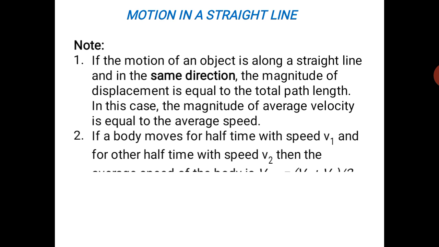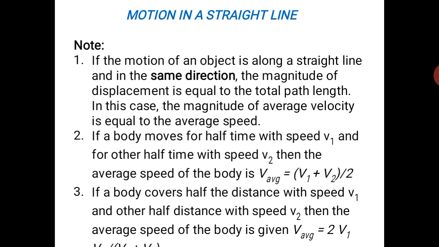Remember, if a body moves for half the time with speed v1 and for the other half of the time with speed v2, then the average speed we can calculate as v average equals (v1 plus v2) divided by 2.